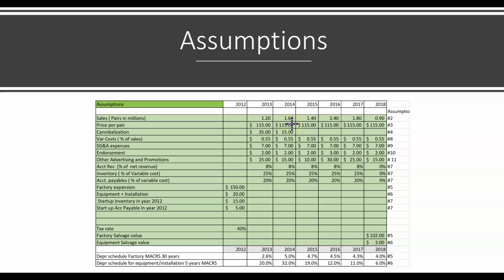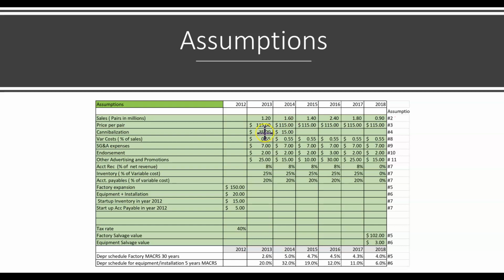But when they're going to introduce the new sneaker, the introduction of the new product will end up negatively affecting their existing product.